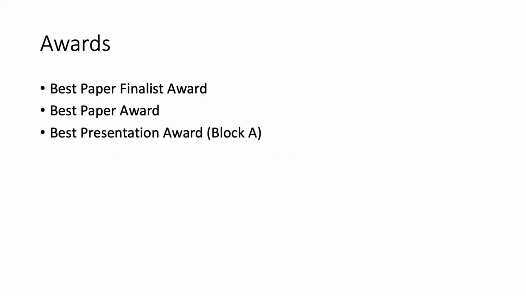Obviously, because we need to see the presentations first before we decide. And when you were presenting in the spotlight, and also in Gatherly, our organizing team went around and voted for the best presentation.